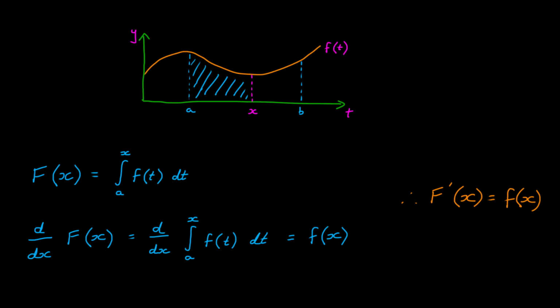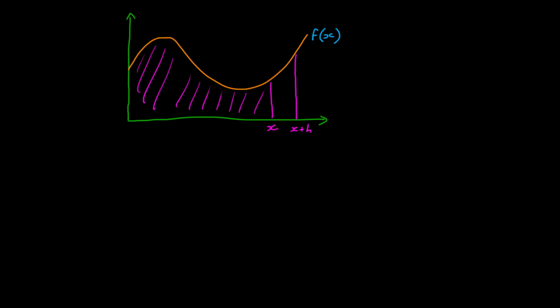In this way, we finally can define integration and differentiation as opposite processes to one another. This result is also really important in calculus because it implies that every function that is continuous over an interval has an antiderivative. We'll take a look at this result again in a slightly different way.